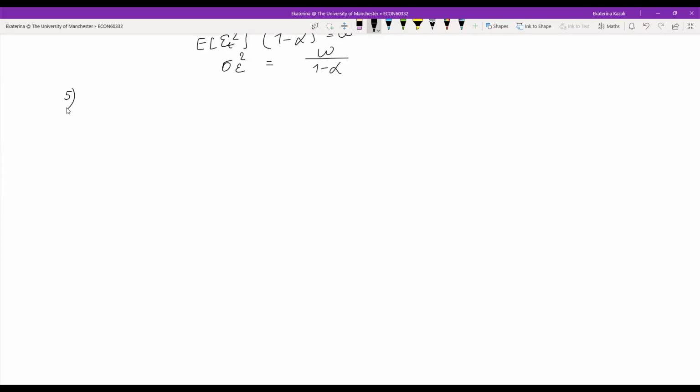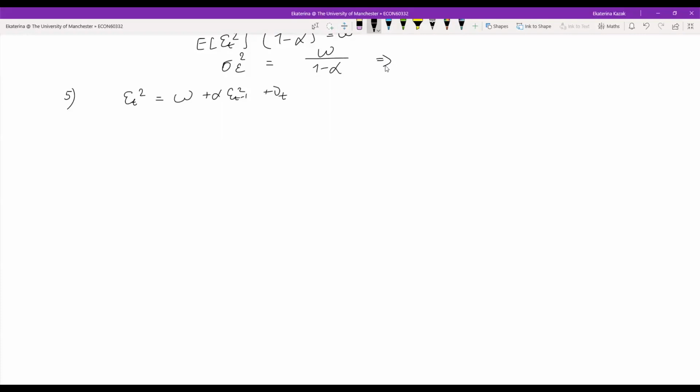The next property would be about the volatility clustering effect. Now, think about an R1 representation of our Arch1 process.